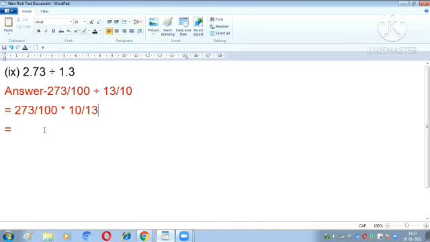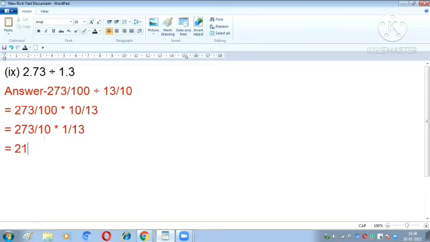Now the 0 of 10 and the 0 of 100 can be cancelled out. So the result will be 273 upon 10 multiplied by 1 upon 13. So 13 and 273 can be cancelled out, 21 times. 13 multiplied by 21 is equal to 273.